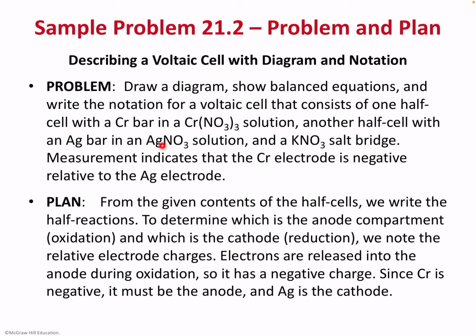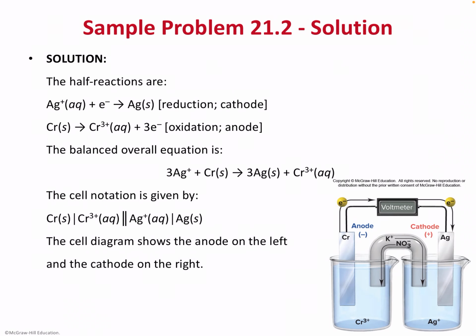So the silver bar should be your cathode, where the reduction takes place. So we can write the half reactions. Chromium becoming chromium 3 plus, losing 3 electrons, which is the oxidation. Silver ions take up electrons and become silver solid. That is where the reduction takes place at the cathode.